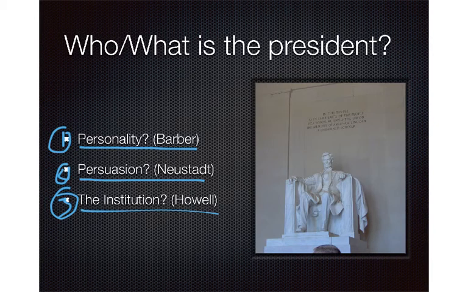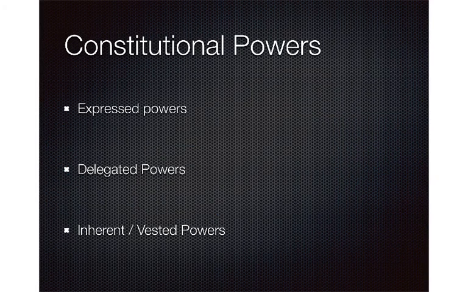And Howell, more recently, will argue that the presidency and the president is really about the institution. It's all of that bureaucracy that makes up what happens, both powerful and potentially limiting. And we're going to take a look and read about a number of these views as we move through the class.